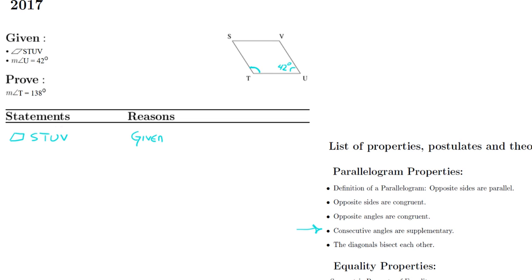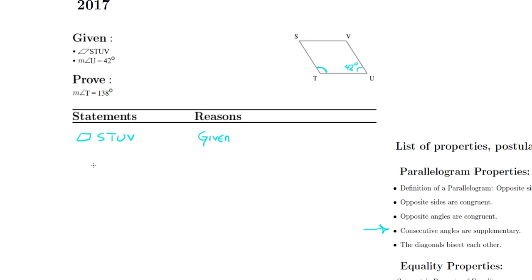Okay, consecutive angles are supplementary. So I'm going to write that down as our statement. So angle U and angle T are supplementary.